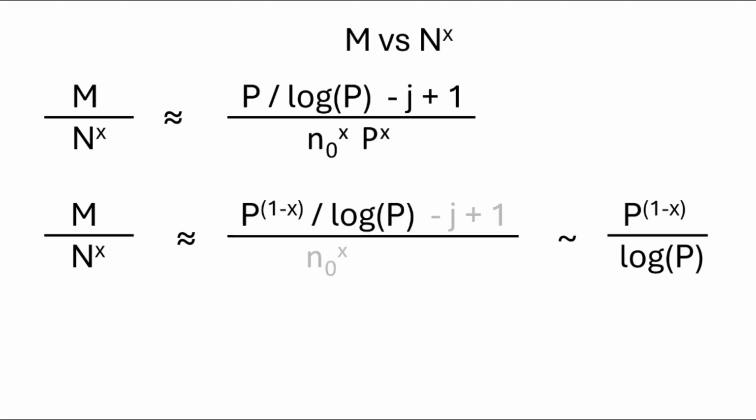So what can we say about this? 1 minus x is a positive number, since we started by saying x is less than 1, right? And log is an increasing function, so both of these are growing as p grows.